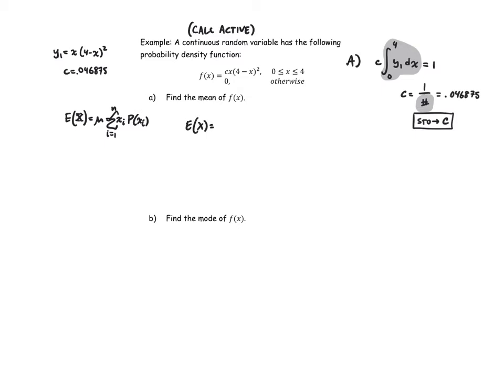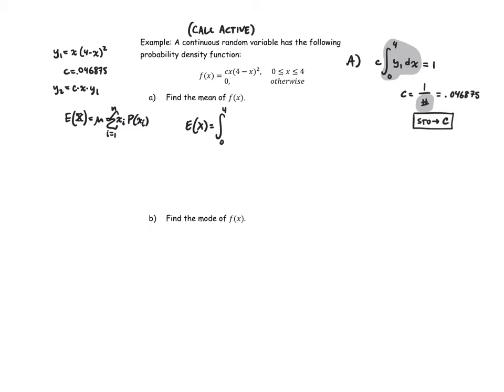We're going to take the integral from 0 to 4 of what I'm going to define as y2. And y2 is going to be c times x times y1. So that's c times y1, which is f of x, and we are going to multiply that by x.